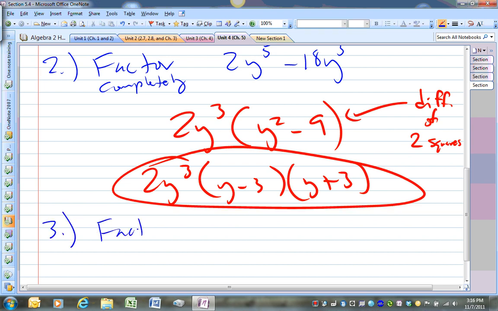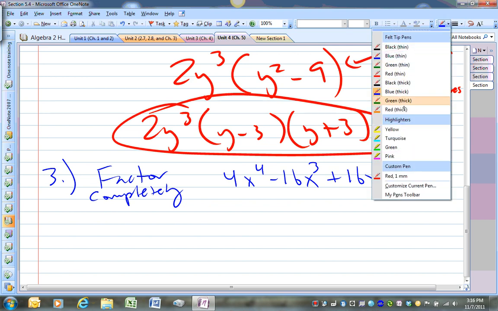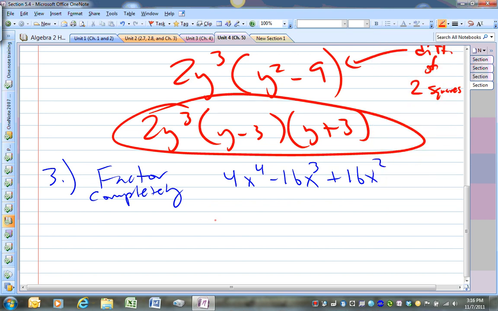Again, factor completely 4x to the 4th minus 16x cubed plus 16x squared. So you'll see in this case, I can pull out a 4 and x squared.